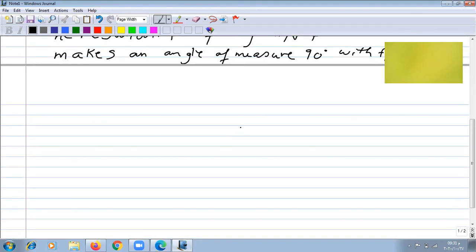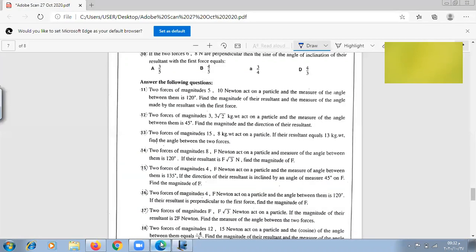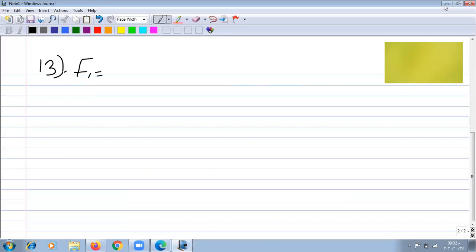To solve number 13, the given we have: F1 equals 15 kilogram weight, F2 equals 8 kilogram weight.